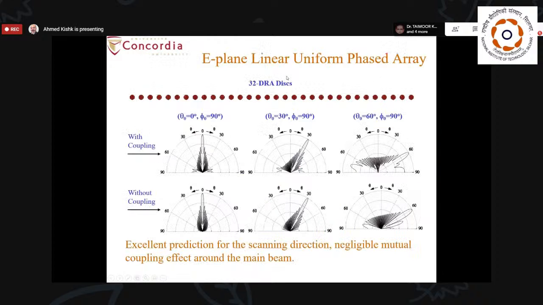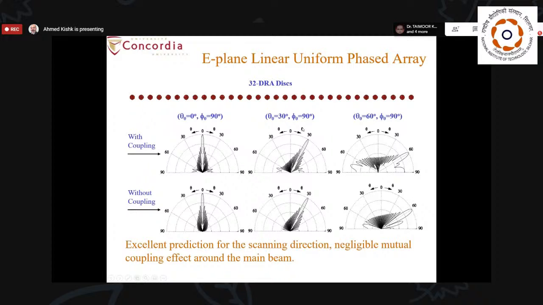This is also a linear array to show you the effect of the mutual coupling on the radiation characteristics. Here, we have it without coupling, and what we mean by without coupling is that you just use the array factor and multiply it by the radiation pattern of an isolated element.